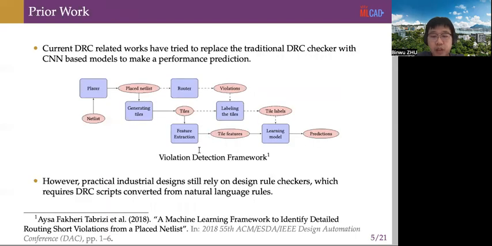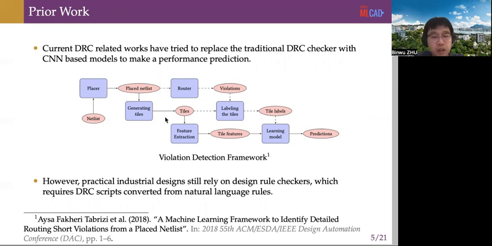In the last few years, advanced deep learning techniques have spawned some methods for DRC acceleration. For example, a work published at DAC 2018 designed such a flow where a neural network is trained to predict rule violations using features extracted from place analysis.